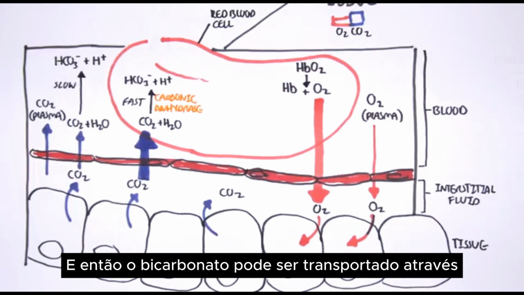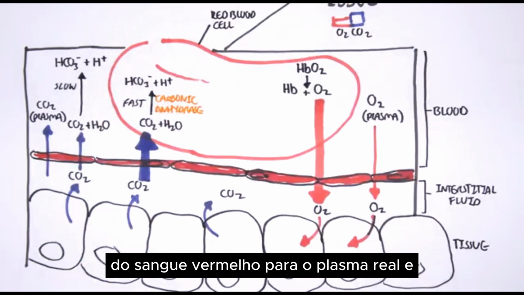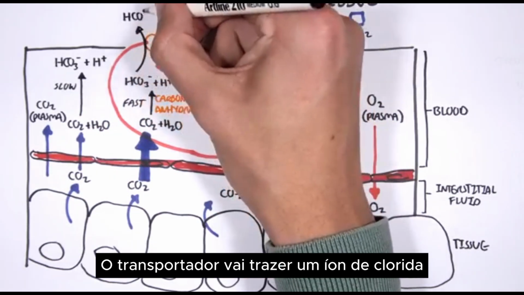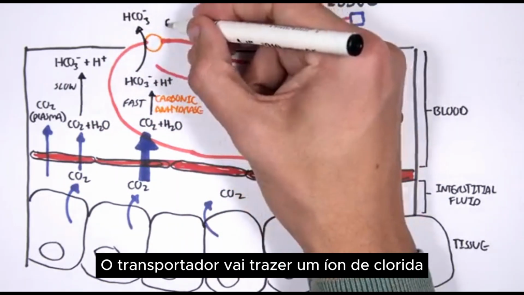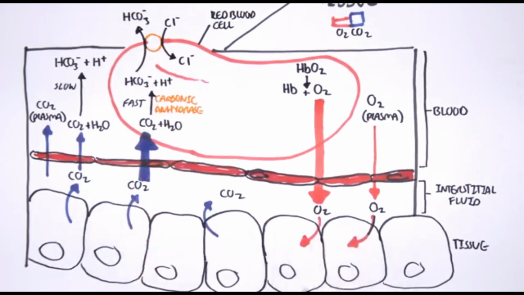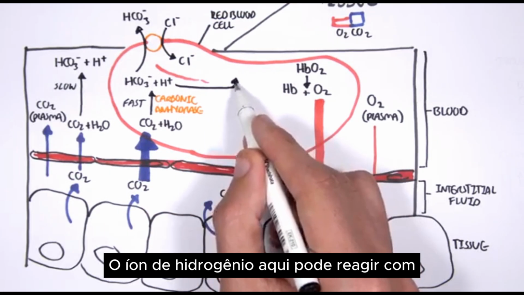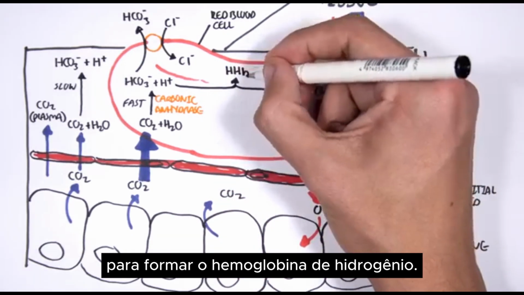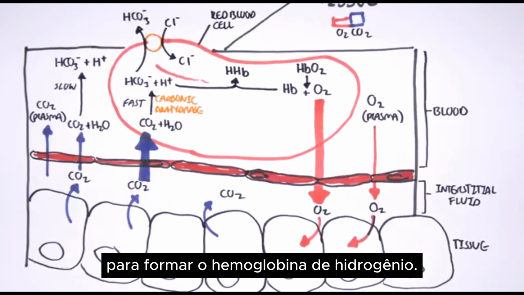And then bicarbonate can then be pumped out by the red blood cell into the actual plasma, and so be transported as bicarbonate. The transporter will bring in a chloride ion in exchange. The hydrogen ion here can react with the hemoglobin molecule within the red blood cell to form hydrogen hemoglobin.